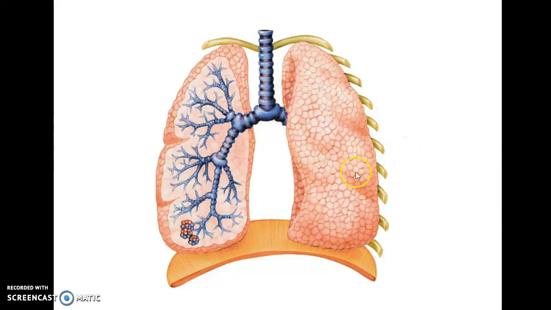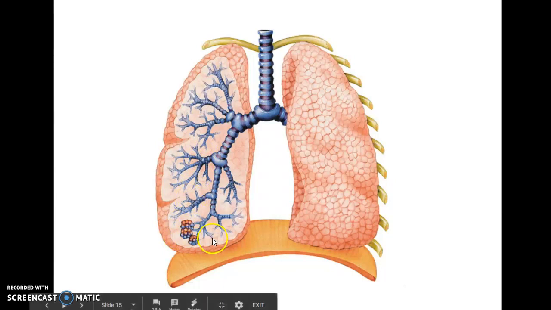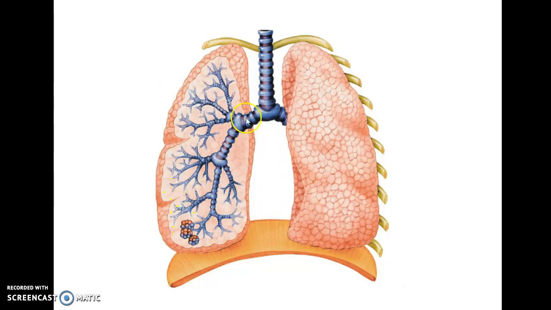Instead of just being a big balloon on either side of your trachea, they actually have these branches, and at the end of each branch is another branch, and at the end of each of those little branches are all these little circular vessels called alveoli, which allow you to exchange a ton of gases. So it's maximizing the surface area to volume by making branches within branches with little circles at the end, instead of trying to just exchange gas with that big sac right there.